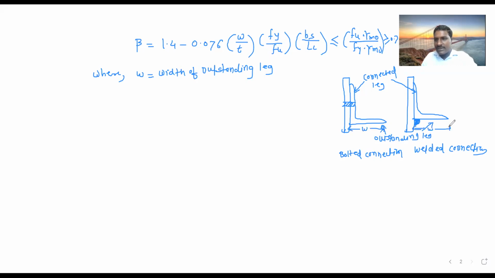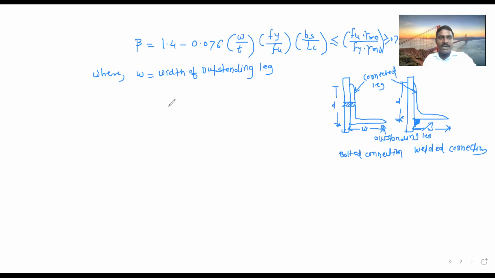As in the last lecture also we have seen, this depth is for the connected leg, and this w we have written here. So small w is nothing but the width of outstanding leg.